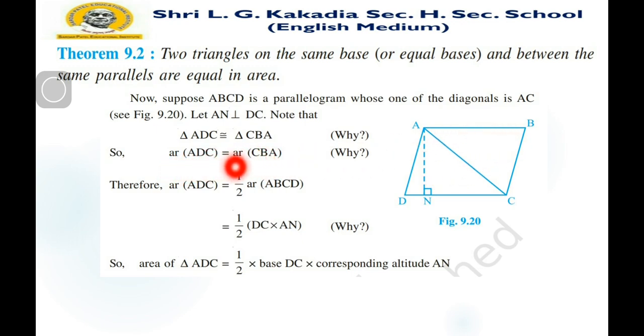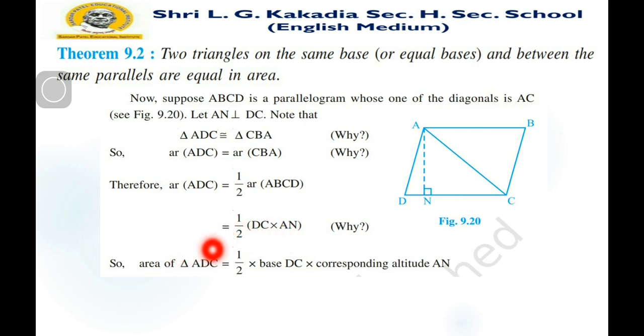So area of ADC is equal to area of CBA. Therefore area of ADC is equal to half of area ABCD, as well as half DC into AN. So in triangle ADC, we can find its area as half base into height, that is half DC into AN.